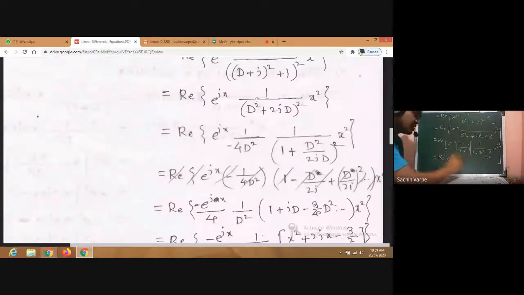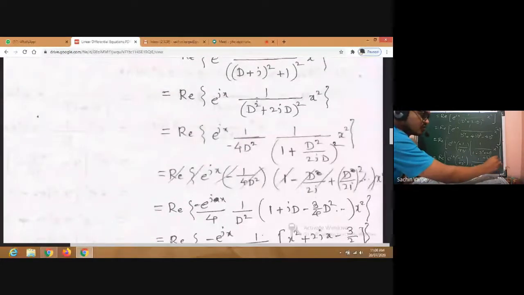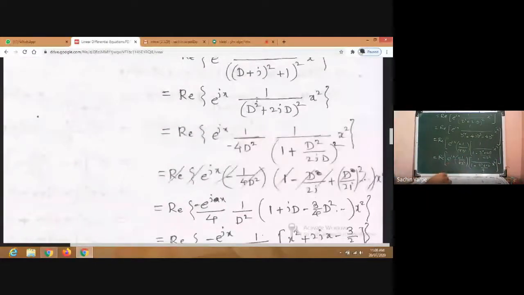That is just a simplification: -1/4d², 1/(1 minus), by taking d² common, this will be (d² plus 4d) upon 4, into x². That's it. So this is our standard form, 1/(1 minus p), this whole is p. Okay, so let us expand it.